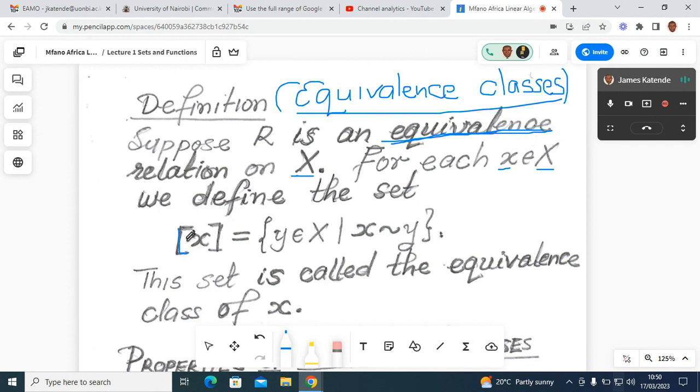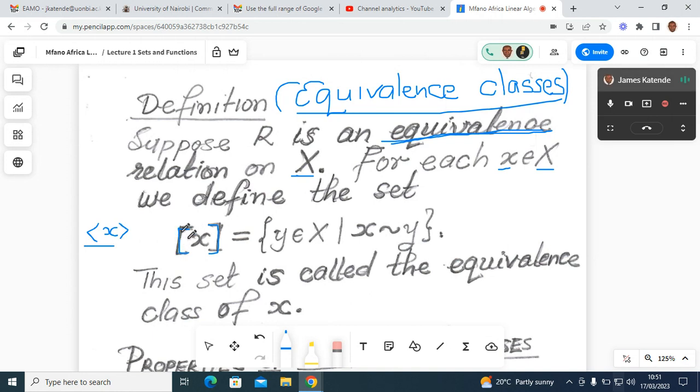We use this notation, the square brackets. Some books will use the angle brackets to represent an equivalence class. Some will use these square brackets. I grew up on the square brackets, so I have a bias to that. But whichever notation you find shouldn't be a problem. Let's stick to square brackets.